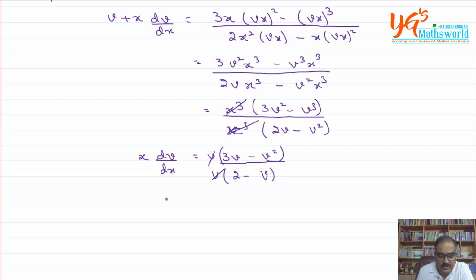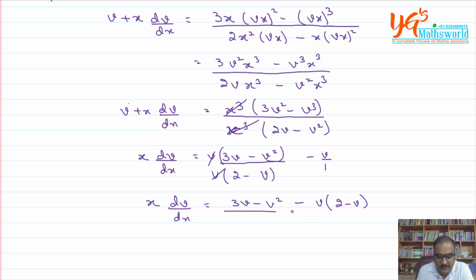Now v also cancels out. And I'm taking this v to the side, so minus v over 1. So x dv by dx is equal to 3v minus v square minus v times 2 minus v, over 2 minus v.